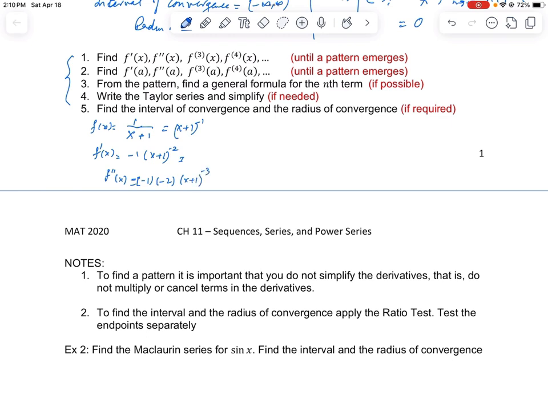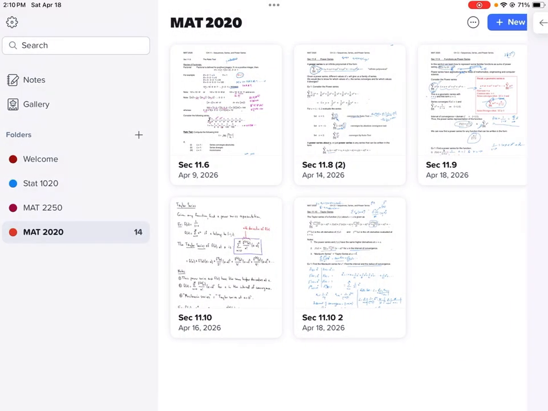What I mean is that you should not multiply these two numbers and write it as 2 over (x plus 1) whole cube. Don't do that. Keep it as it is and take the next derivative, and once we write the nth term, then we will combine later on.